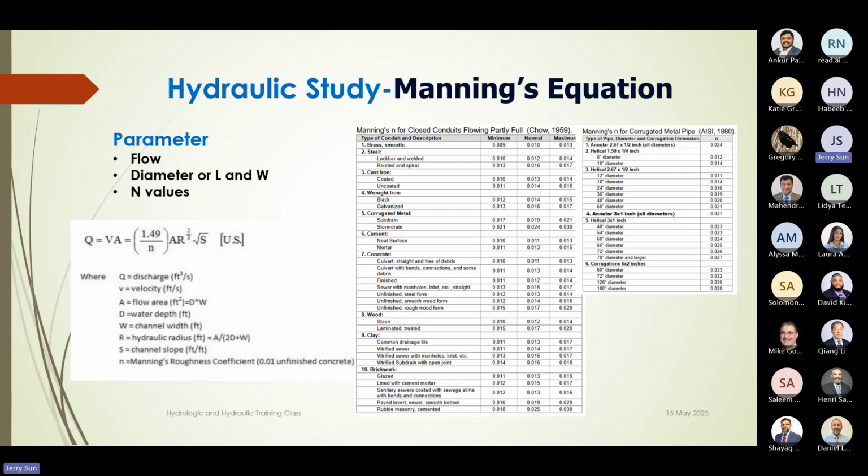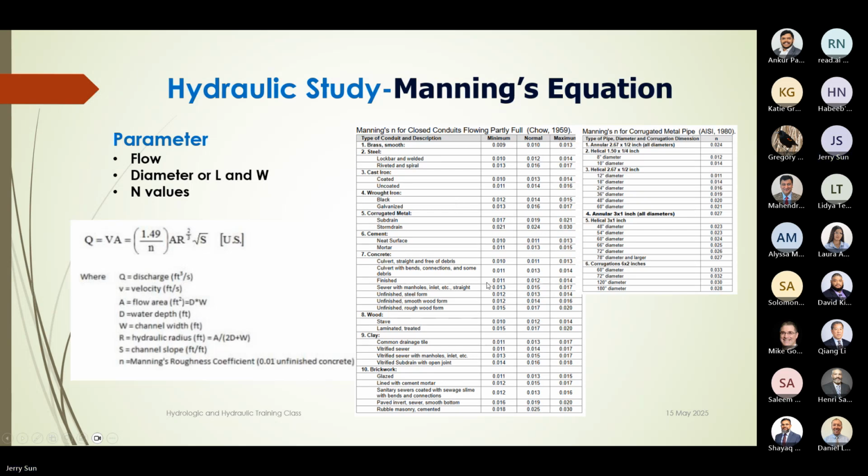But most of the time we use 0.013. That's what we use when we design. As for the parameters and values, how to get them, these are basically tables. This comes from a study in 1949. If you have time you can read these papers. They come out with different things. But for us, we focus on the concrete and CMPs.